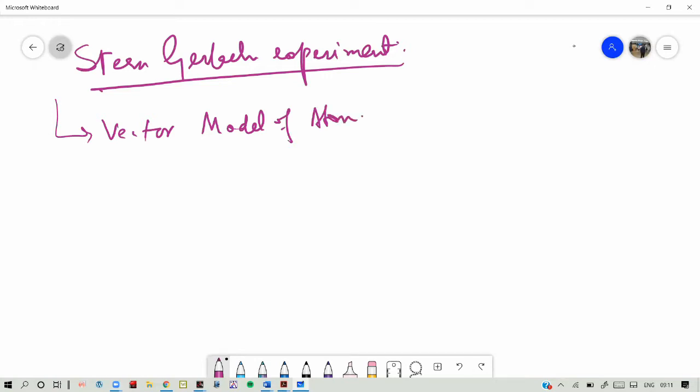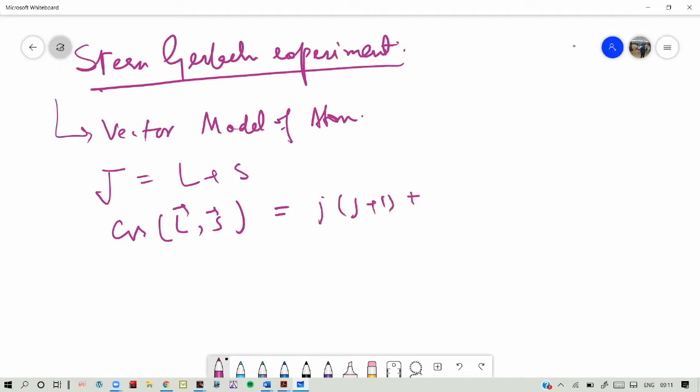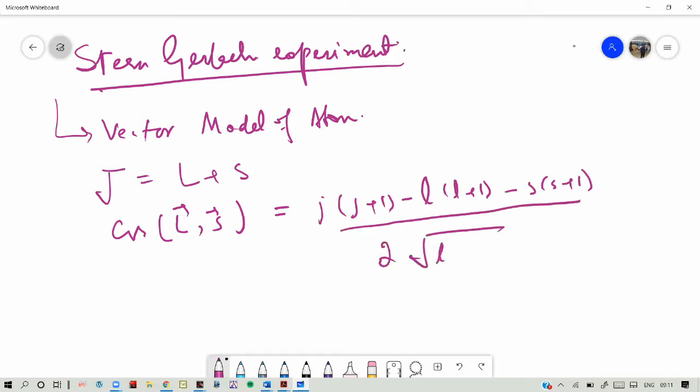We found that J is equal to L plus S, and cos LS is equal to J plus minus L into L plus 1, S into S plus 1 divided by 2 under root of L into L plus 1 into S into S plus 1.